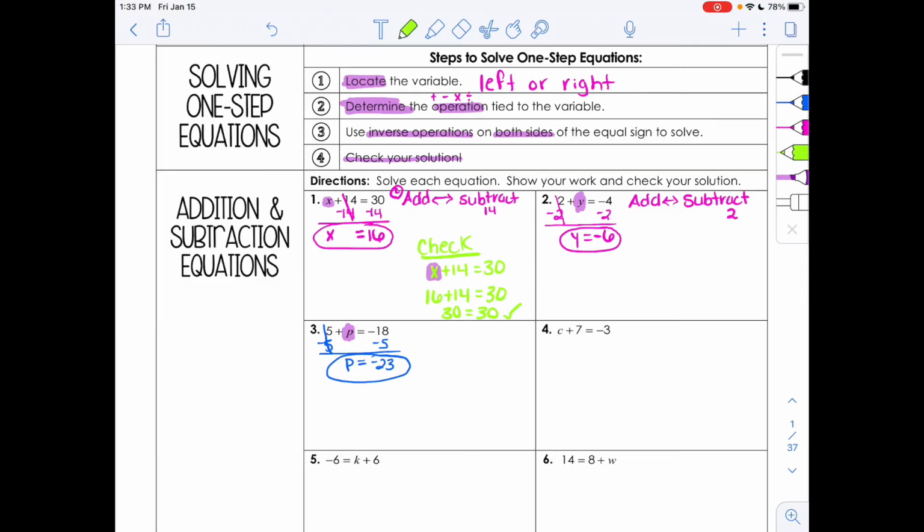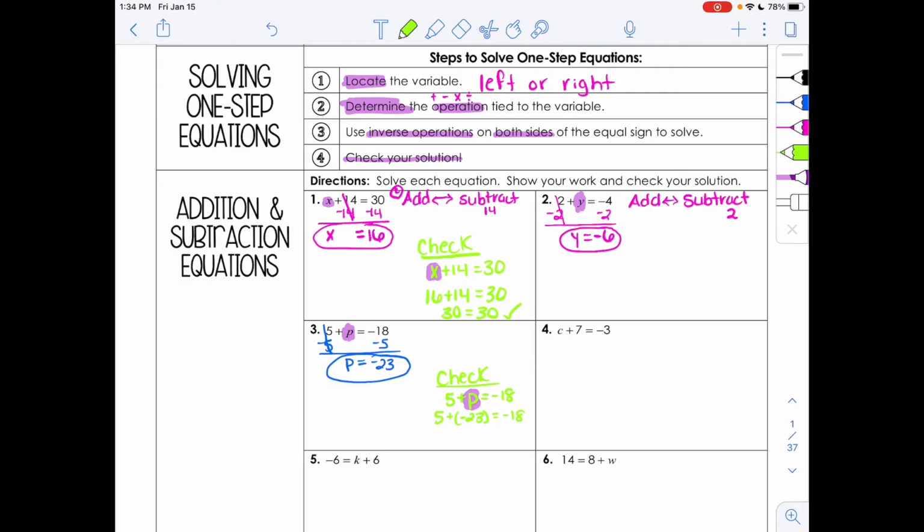And then we're going to check our answer. So starting with our original equation of 5 plus p equals negative 18, we're going to replace our variable with that value we just solved. So we're going to replace our variable with negative 23. So 5 plus negative 23 equals negative 18.